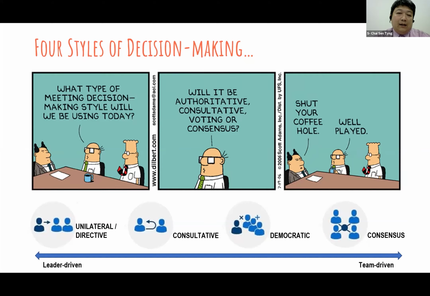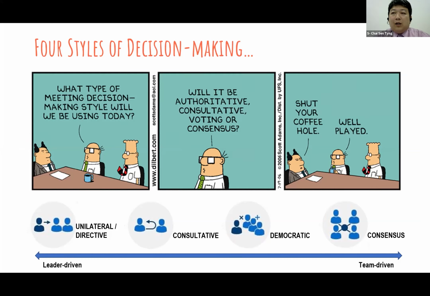But really, the dynamics of a group or team is about partnership and collaborative efforts, more so for NGOs. So maybe in a traditional business company, it could be more unilateral or directive, meaning that the boss or the leader will decide and everybody will just implement and execute it.